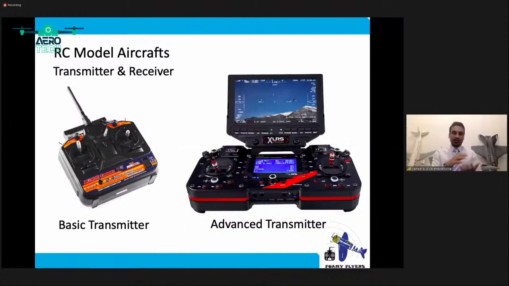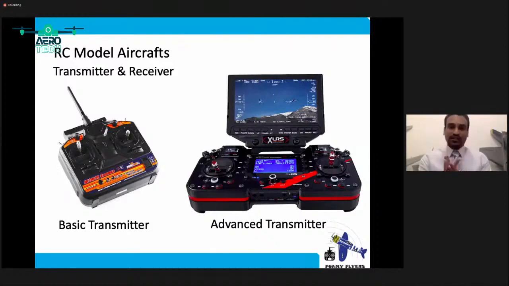Ailerons will take one channel, elevator one channel, rudder one channel, and thrust one. That means 4 channels are already gone. So if you buy a transmitter which has 4 channels, you can easily fly an aircraft with all these functions like elevator, rudder, and ailerons.